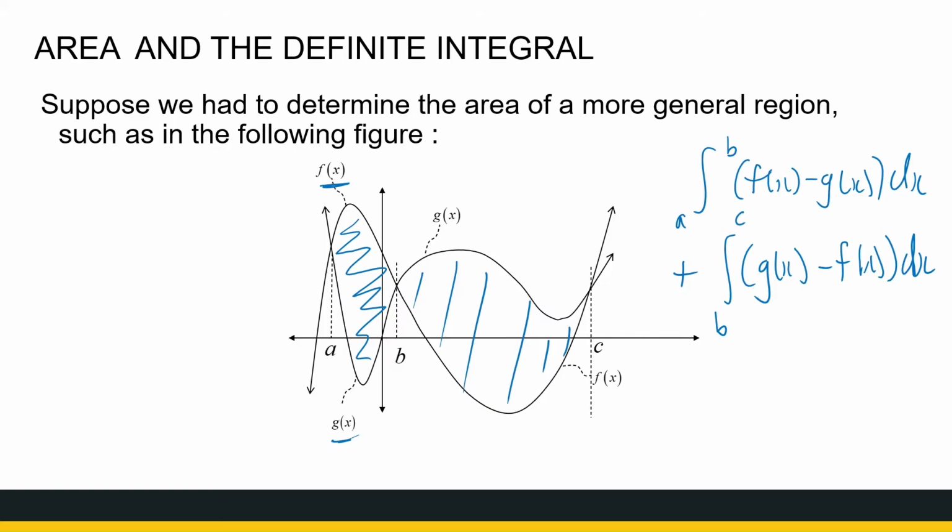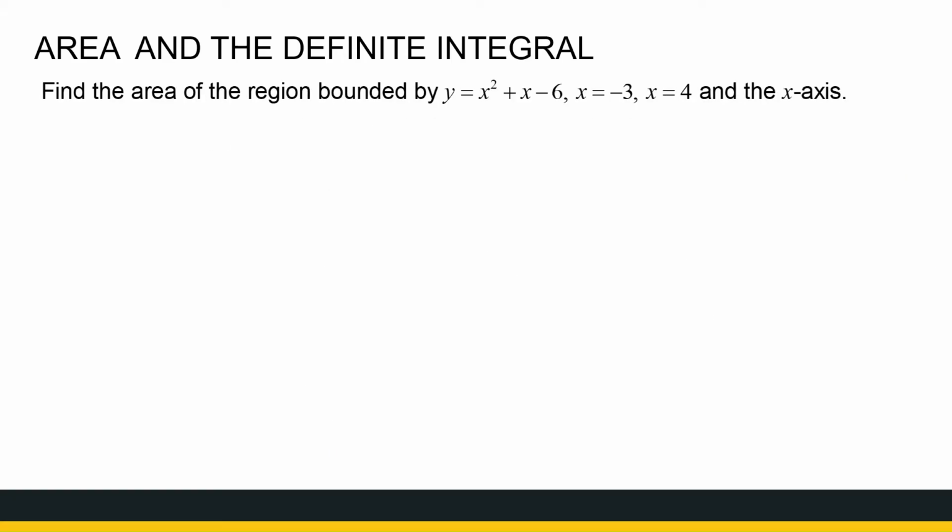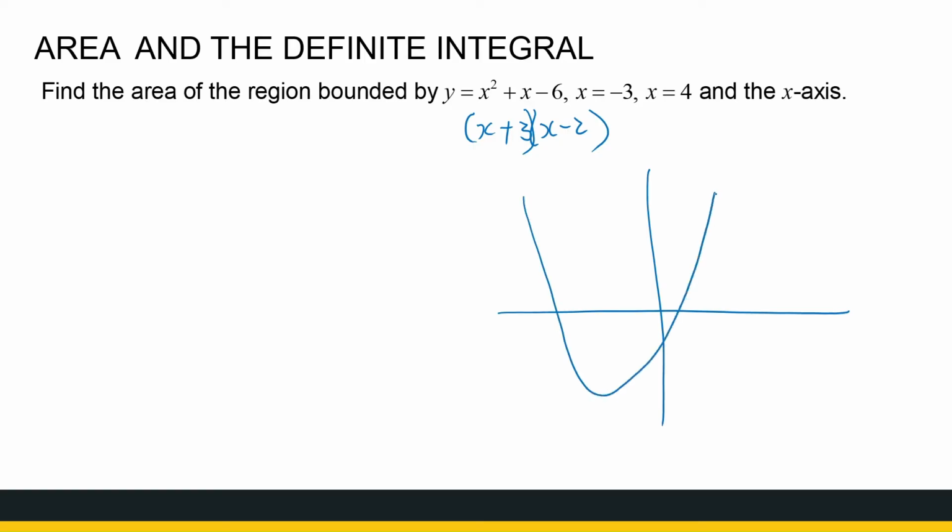So let's take a look at two examples. Firstly, find the area of the region bounded by this parabola, x equal to minus 3, x equal to 4, and the x-axis. All right, so if I had to factorize this, I've got x minus 3, x plus 2, x plus 3, x minus 2. There we go. So if we had to sketch that, minus 3 and 2. Now it doesn't really matter to me where the turning point is.